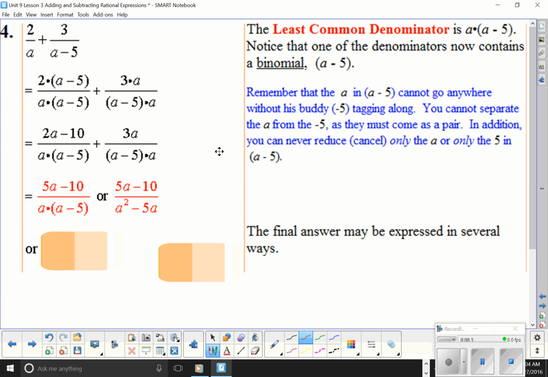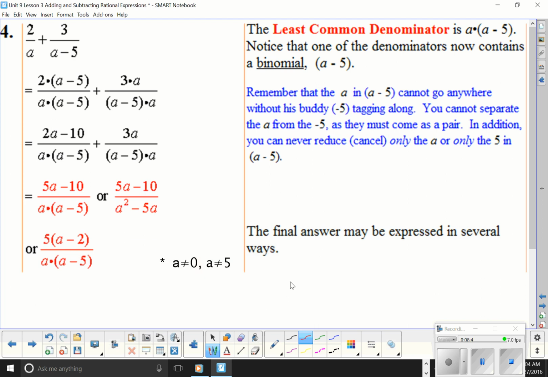That gives me 5a minus 10 over a times a minus 5, or 5a minus 10 over a squared minus 5a, or 5 times a minus 2 over a times a minus 5. Doesn't matter. Any one of those are perfectly fine ways to express the result.